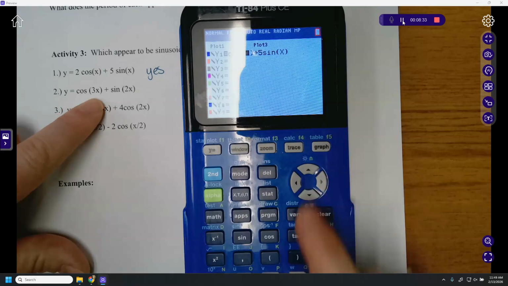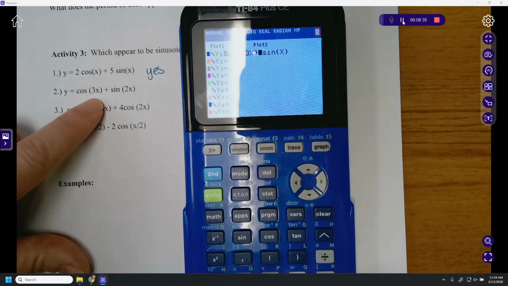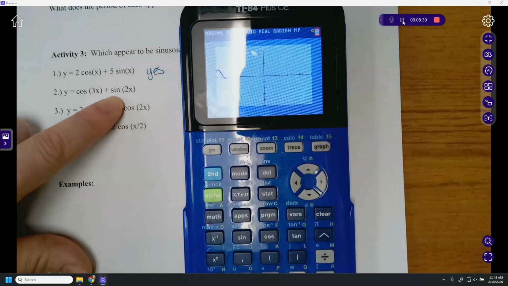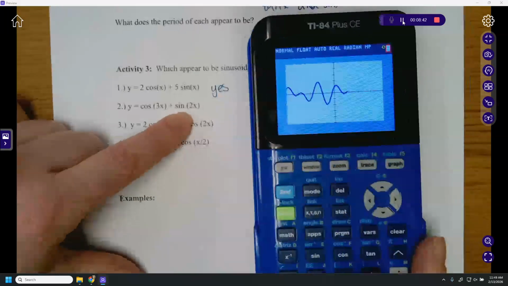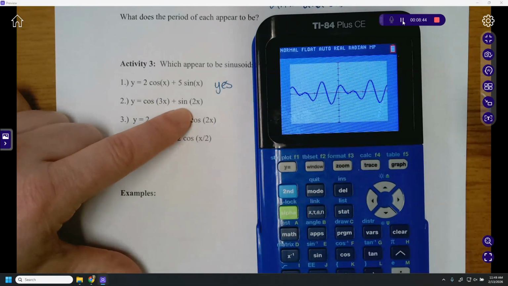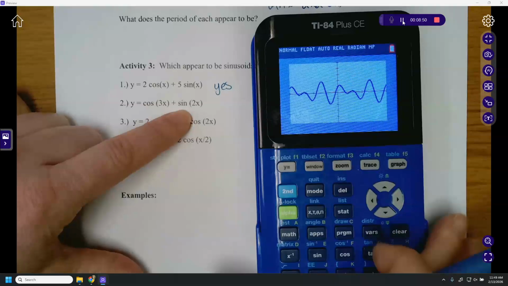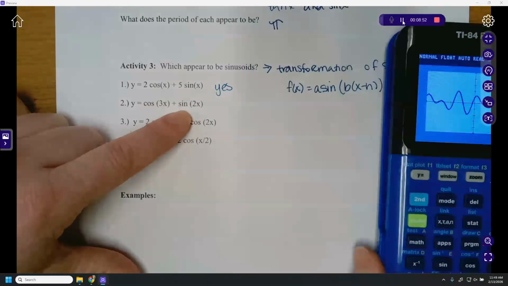We have cosine of 3x plus sine of 2x. Okay, right away I'm noticing that this amplitude is moving around and doing all weird stuff. If it's a sine curve, this amplitude should be consistent throughout. This is actually a periodic function, but is not a sinusoid.